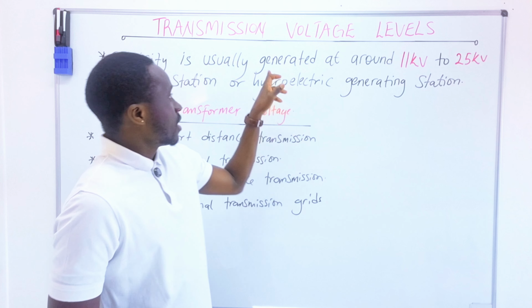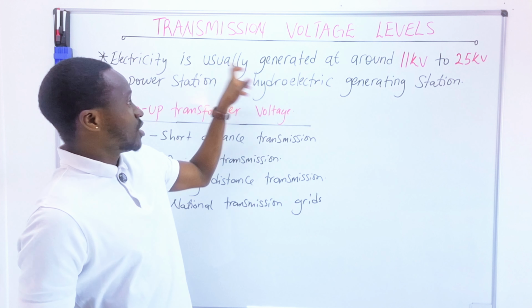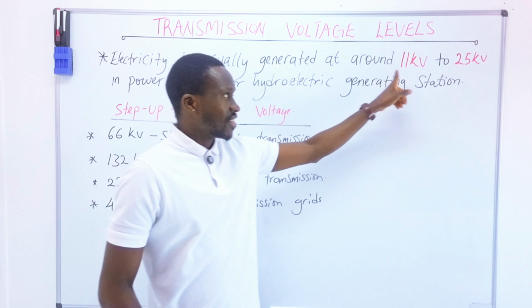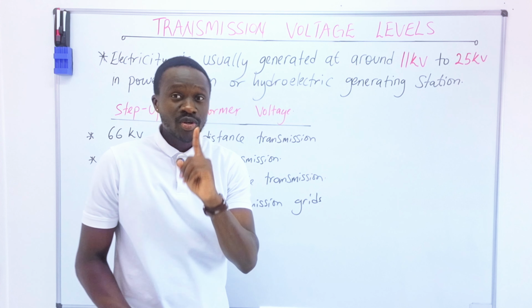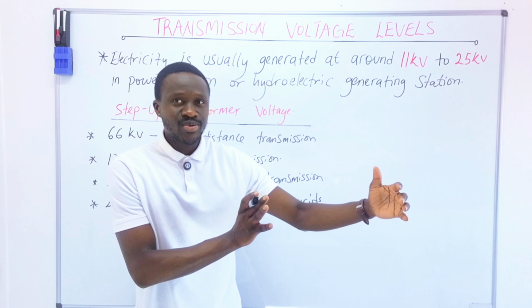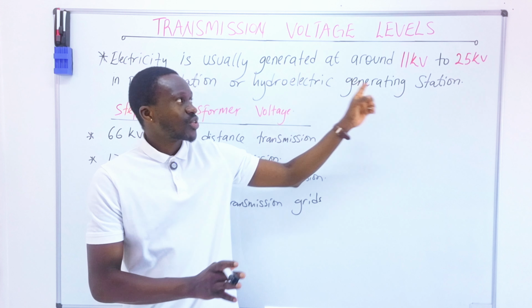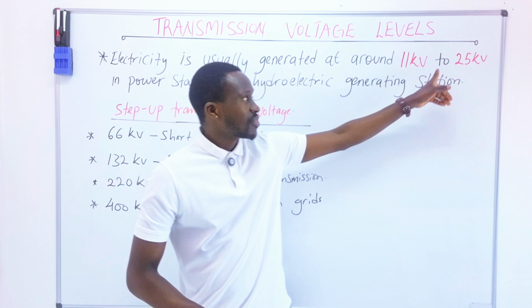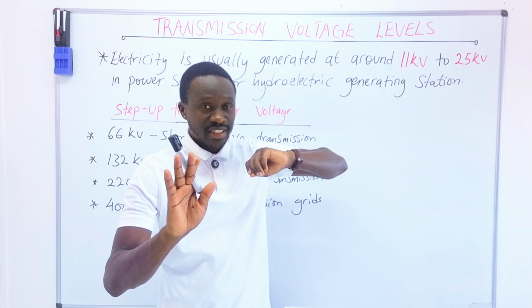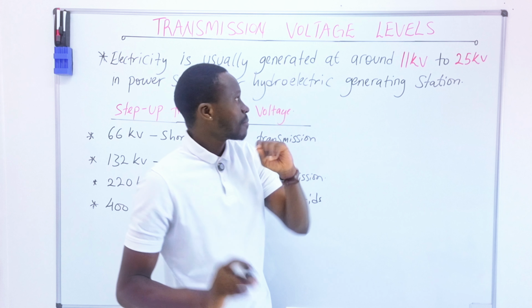Okay, this is the generation. Electricity is usually generated at 11 kV. There is some science which you are going to find out in this generation of 11 kV to 25 kV. Check the logic behind.